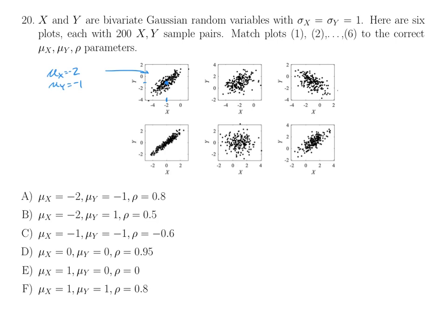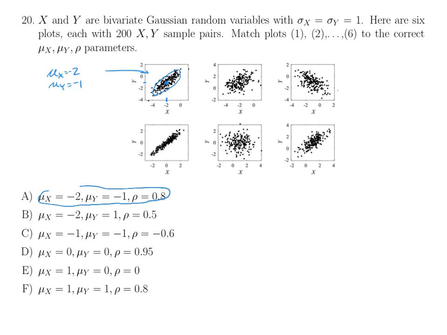And you can also be like, oh, there's a pretty narrow ellipse, like maybe it's 0.8 or 0.9. It's got to be at least 0.7. So when you look through the options, you're like, oh, mu x is -2, mu y is -1, rho equals 0.8 is around the right answer.